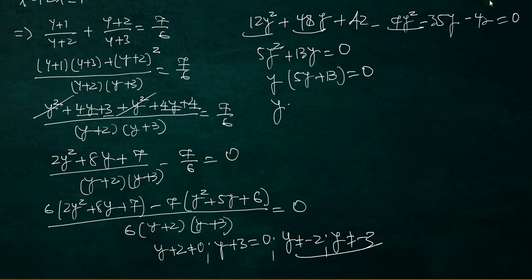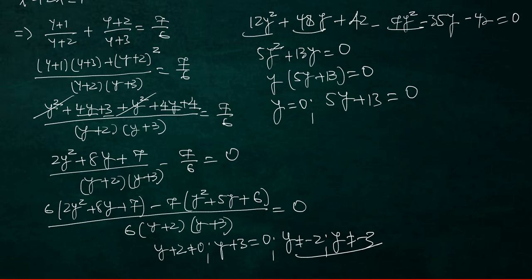So we have y equals 0 and 5y plus 13 equals 0.